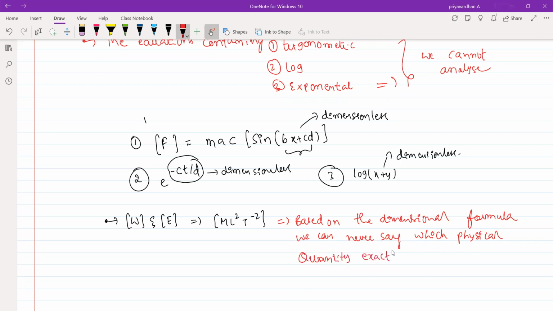Just by looking, I cannot say whether it is energy or work done. If you know the physical quantity, then you can frame the dimension formula. But if you don't know what the physical quantity is, you can never say which physical quantity it is associated with. So there are multiple options which you are getting.